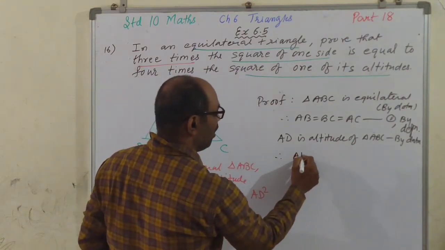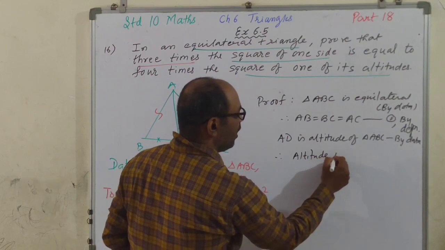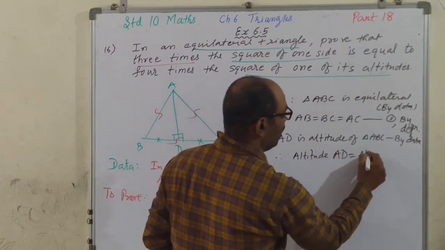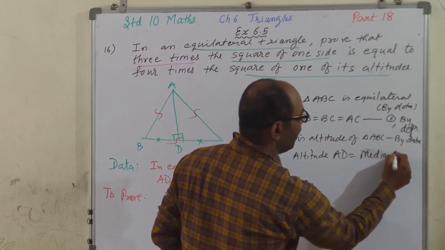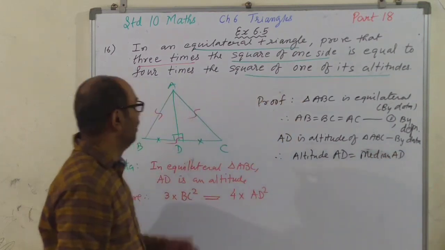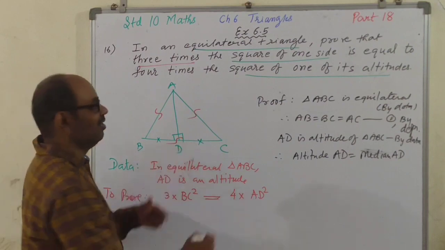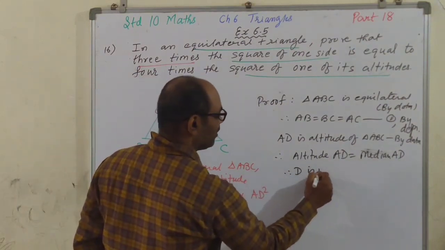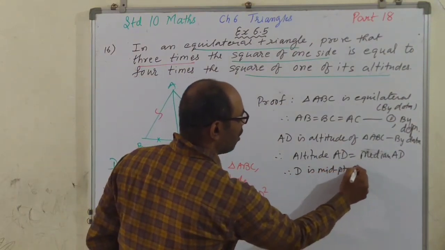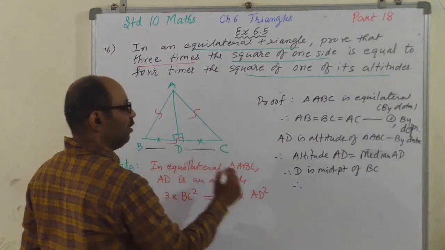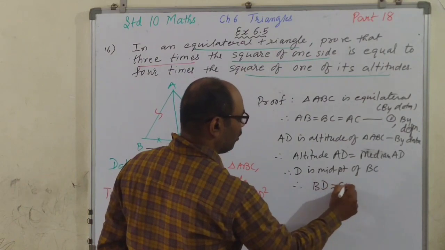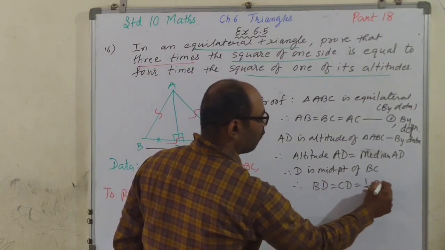Therefore, altitude AD is equal to median AD. So therefore, D is midpoint of BC. Therefore, BD equal to CD, BD equal to CD equal to half of BC.